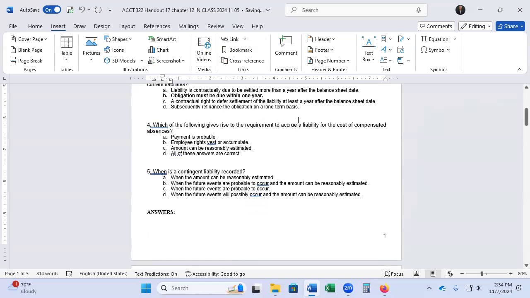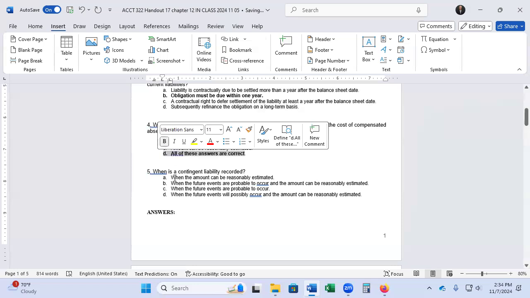Which of the following gives rise to a requirement to accrue a liability for the cost of compensated absences? So the payment is probable, right? Compensated absences, so you're going to pay what you're owed. Employees' rights vest or accumulate, and the amount can be reasonably estimated. And so the answer is D here.